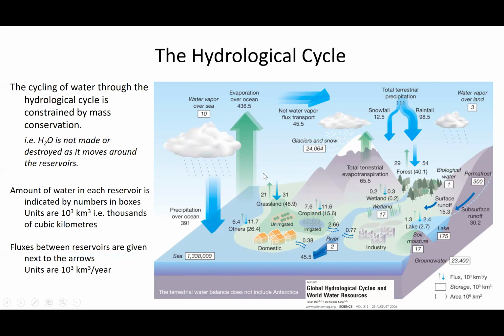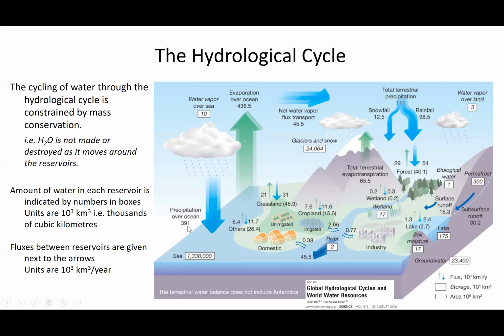The arrows on the diagram represent the fluxes between the reservoirs. In this case, we have the flux between the atmosphere over the ocean into the ocean. So this is precipitation over the ocean. This flux has to have units of amount divided by time.